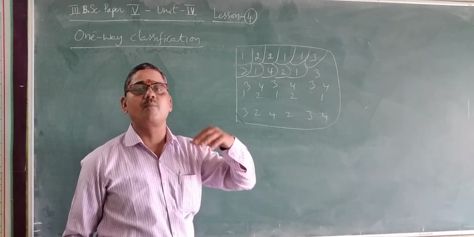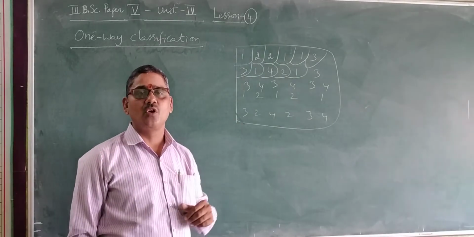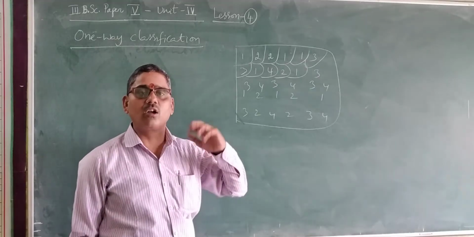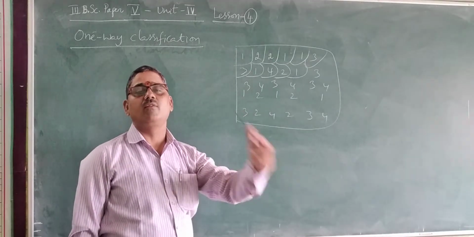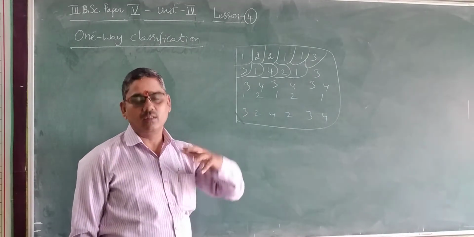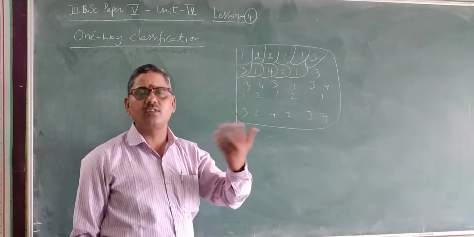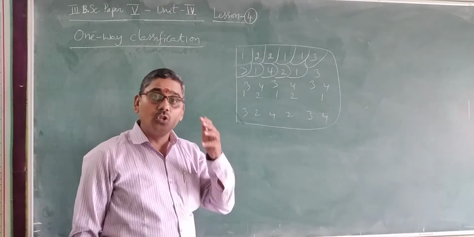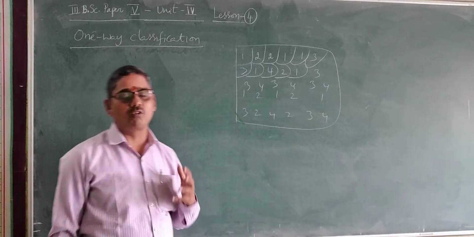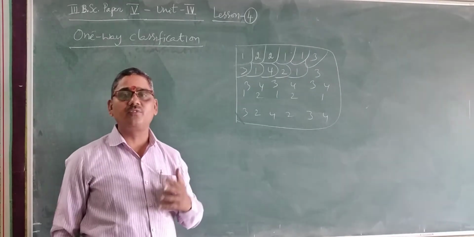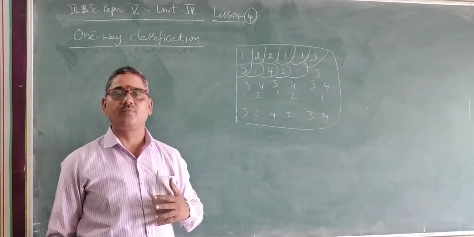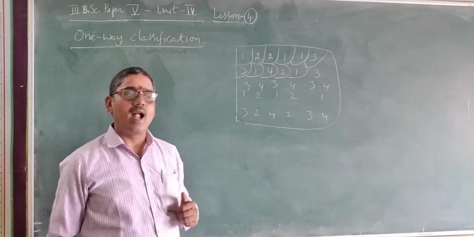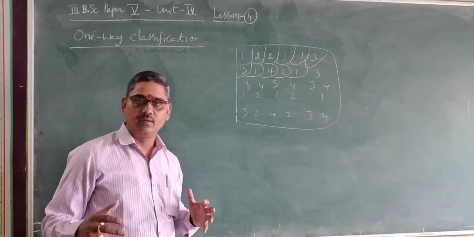First fertilizer may be applied on 10 units, second fertilizer on 8 units, third fertilizer on 12 units, and similarly the 4th fertilizer on some other 7 or 8 units. Now what we have to observe? We have to observe the yield of the crop from all the experimental units, and then segregate it.